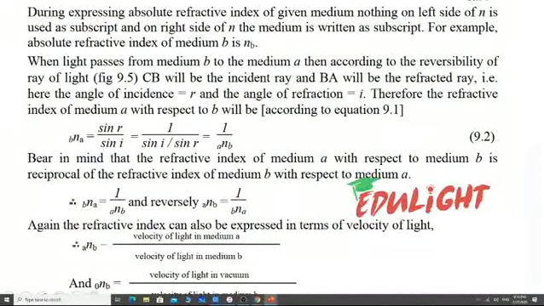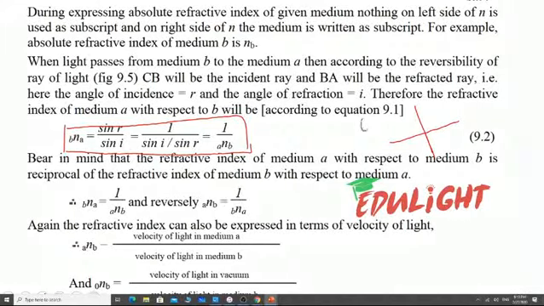What has been stated here is, if light is incident from medium A to B, let me draw the figure as a sketch here.